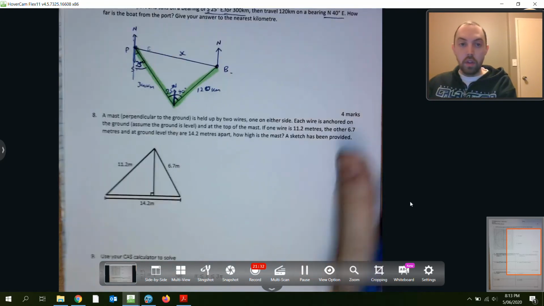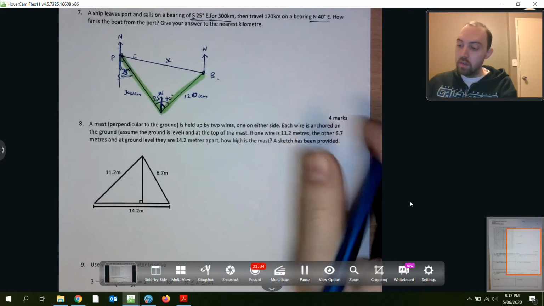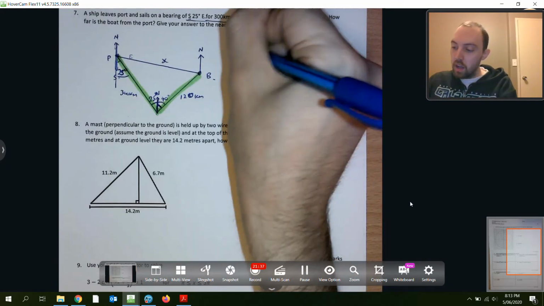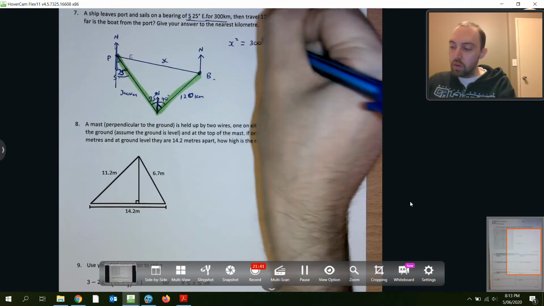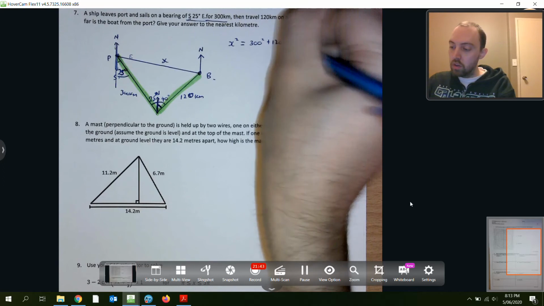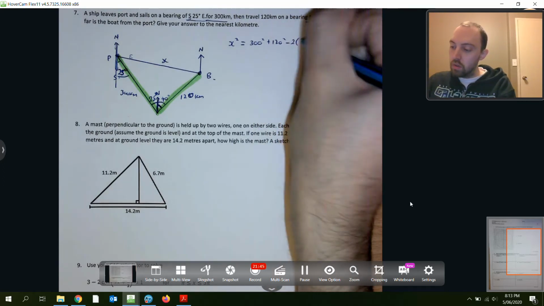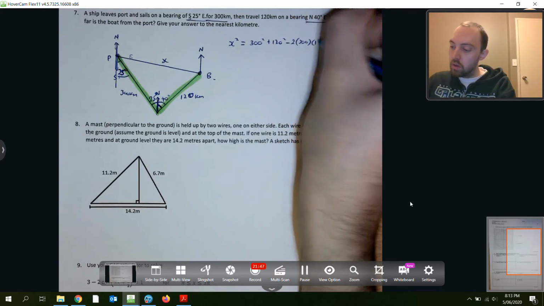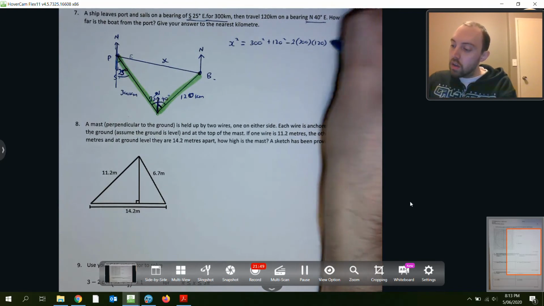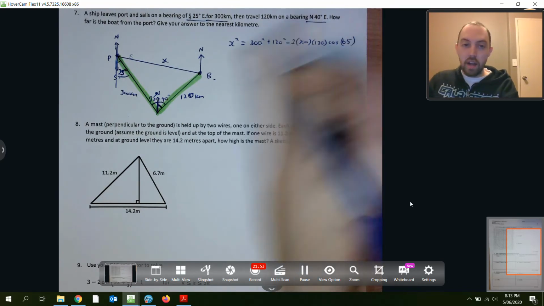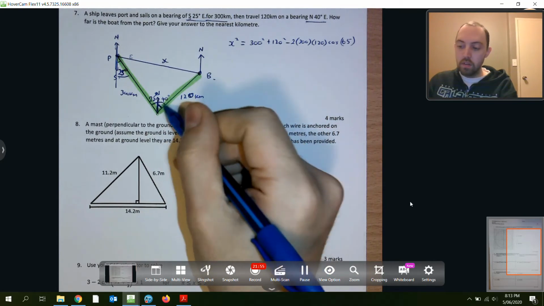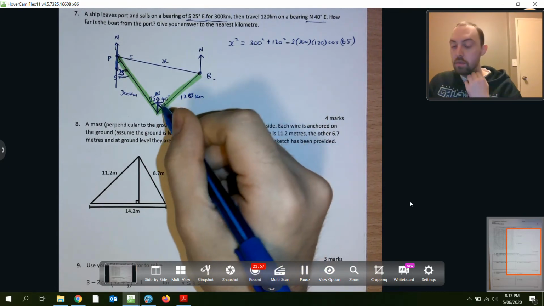So the total thing is 65 degrees, which means that x squared is equal to 300 squared plus 120 squared, take 2 lots of 300 times 120 times cos of 65, which is that entire angle in here, 65, 40 plus 25.